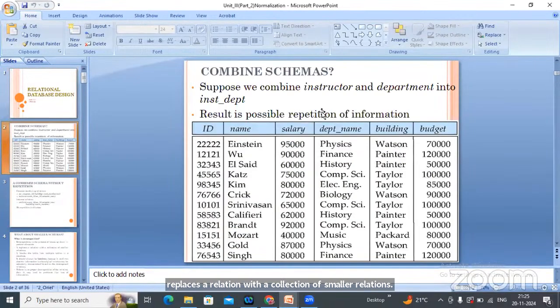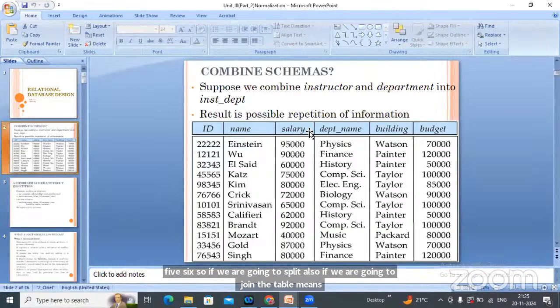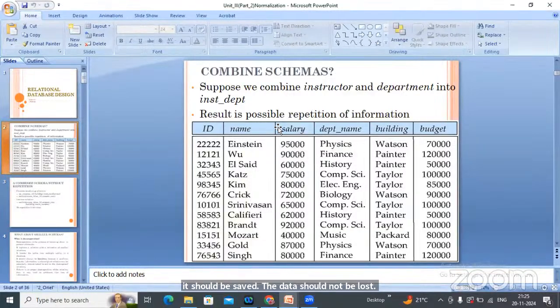This table consists of how many columns? 1 2 3 4 5 6. So if we split and then join the table, it should be the same, the data should not be lost. A table that is decomposed can be made into smaller parts, smaller tables. A complete table can be created as 2 tables. One is id, name, salary, one table. Next, department name, building, budget, another table.